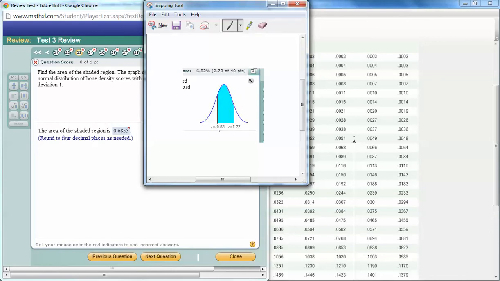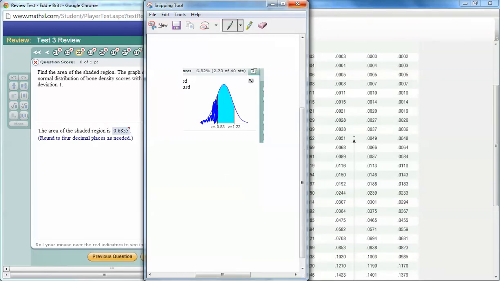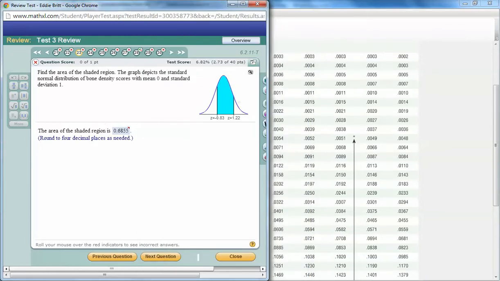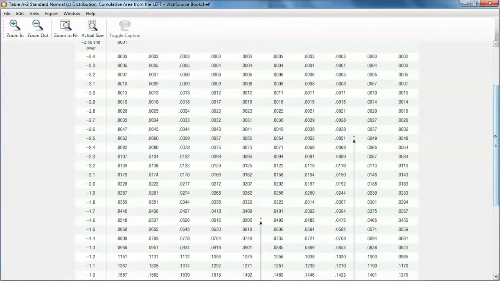Then you'll look at the area for negative 0.83. That'll be all this. If I take all the way up to the z equals 1.22 answer, and I subtract out this, then I'll have what's between the two. So that's what I'm going to do. Find the area for 1.22. Let's go to our table.